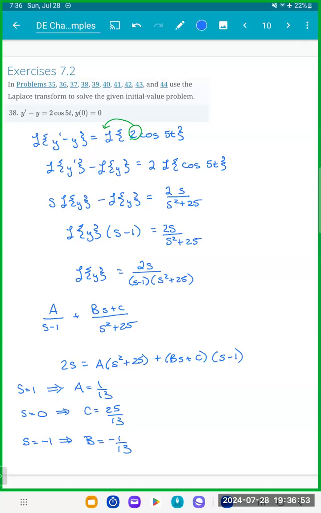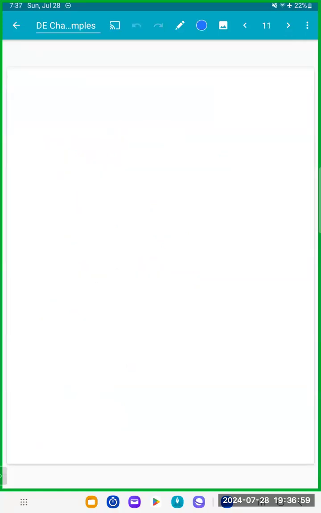Okay. So that gives us, let me go to the next page, our y of s formula equal to 1 over 13 times 1 over s minus 1 minus 1 over 13 times s over s squared plus 25 plus 25 over 13 times 1 over s squared plus 25.